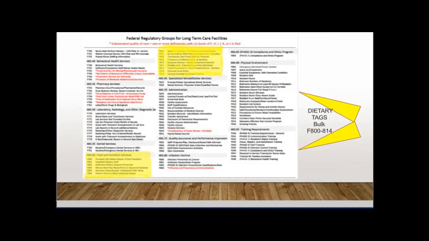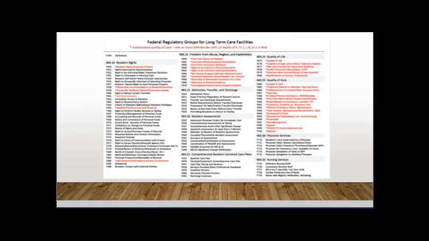So let's take a look at what we have for the whole entire F tag list. Here is what I call the master list, or the mother lode. All the F tags that are in play when a surveyor comes out are listed on these two pages. This is the first page. Anything you see in red, obviously red makes it pop out, is what CMS has decided is substandard quality of care.